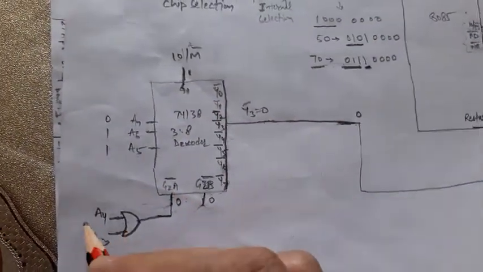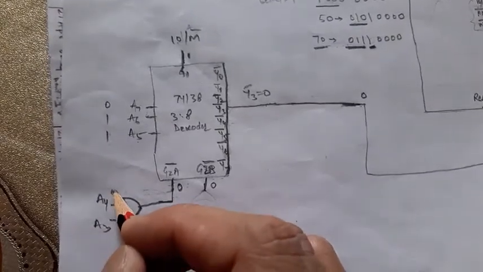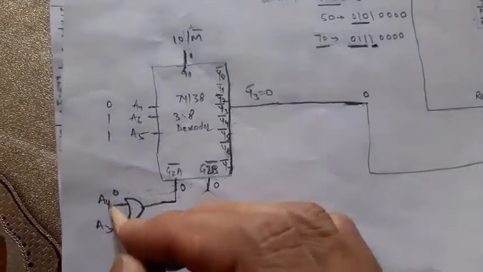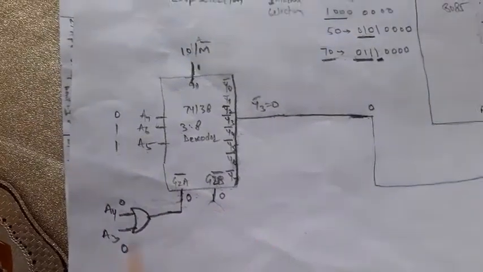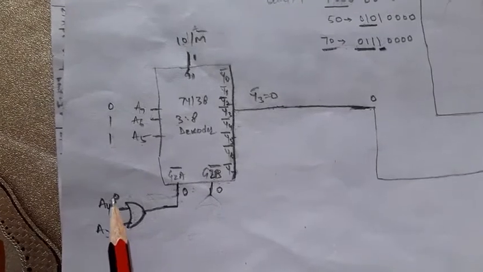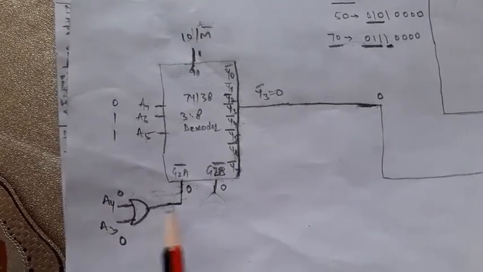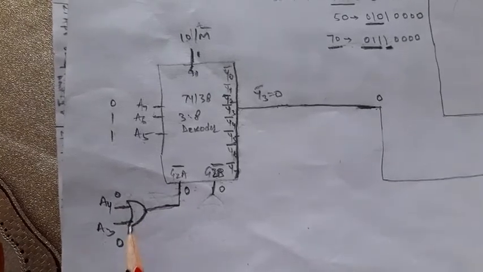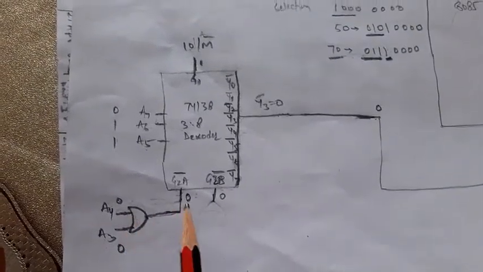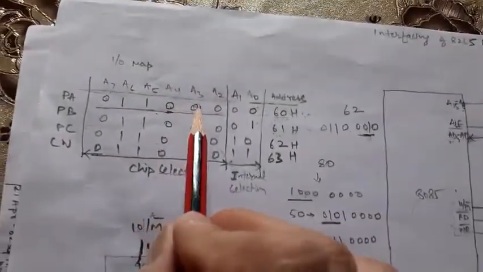A4's value is 0 and A3's value is 0. So if I use an OR gate, then only if both the bits are 0 will this OR gate give 0. So I have used an OR gate for getting 0 over here. Why OR gate? Because A4 and A3's values are 0.